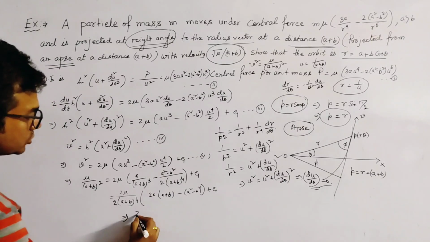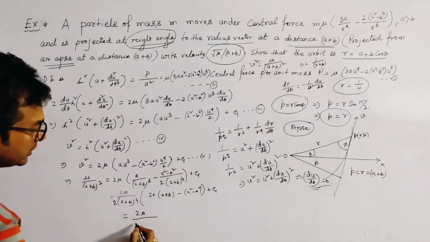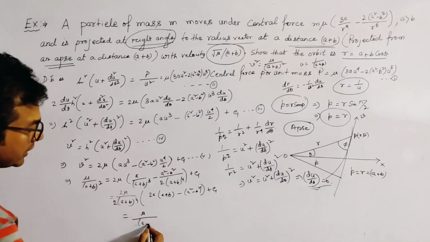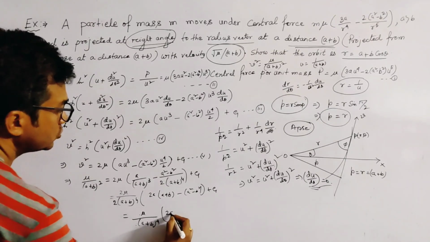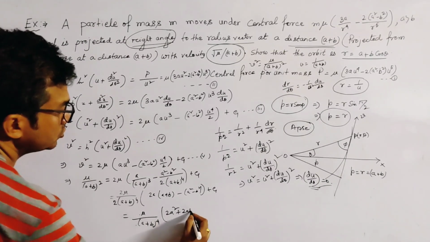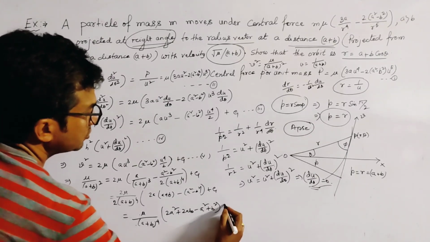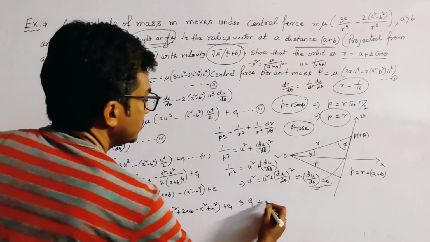This is equal to 2 mu by 2, the 2 cancels out, a plus b whole to the power 4, and this is 2a square plus 2ab minus a square plus b square plus c1, and we get c1.